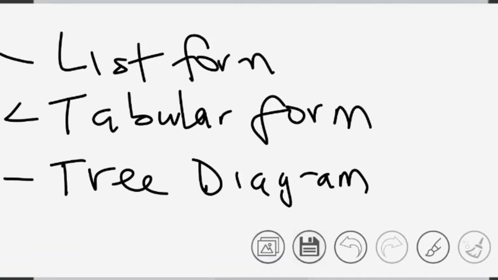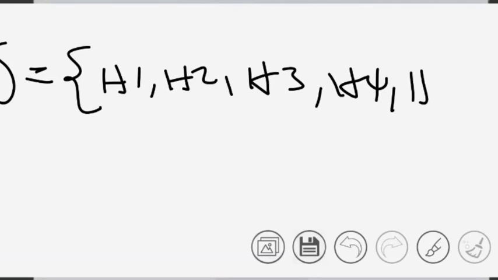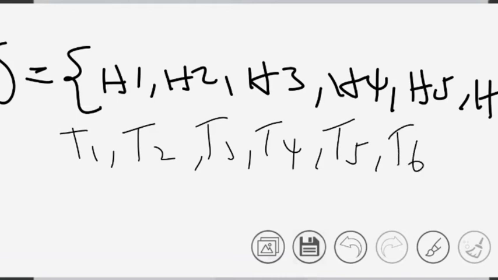When I do that, what am I likely to have? If I'm going to use my list form, my possible outcome S is: head 1, head 2, head 3, head 4, head 5, head 6, tail 1, tail 2, tail 3, tail 4, tail 5, and tail 6.